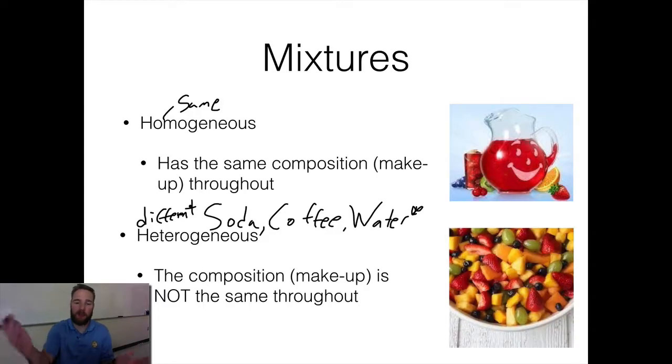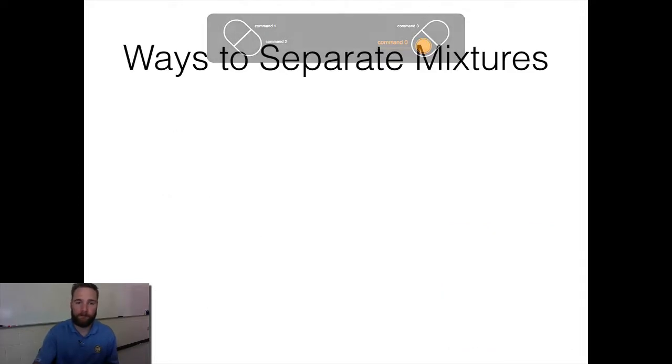What do I mean by this? This fruit salad's a great example. So I have strawberries, I have pineapple, I have grapes, I have blueberries. It is not the same makeup throughout. I can pick out each one of them. I always think of salsa, another good example, right? It's all salsa, but it's certainly not the same throughout. The composition, the makeup is quite different.